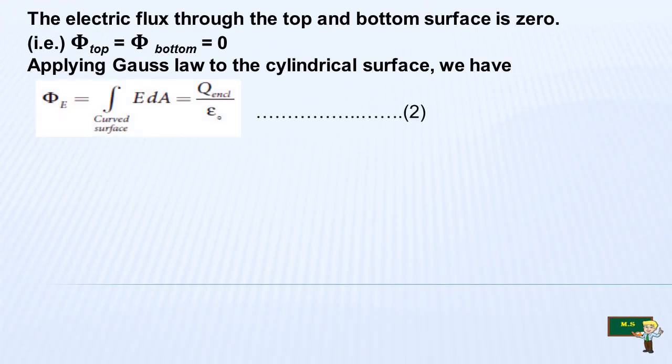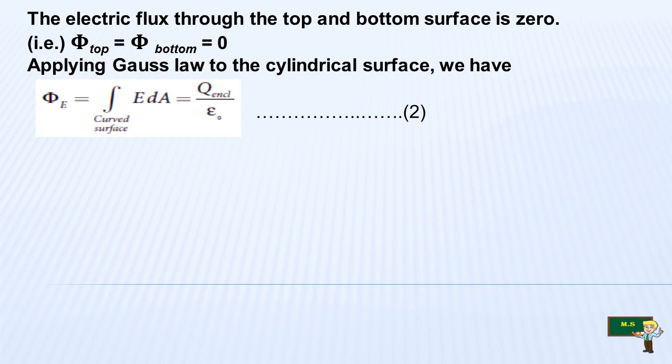Then the electric flux through the top and bottom surface is 0. Like we already learned, phi top is equal to phi bottom is equal to 0.